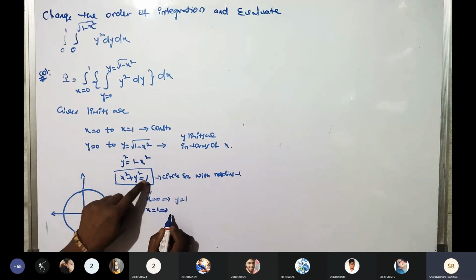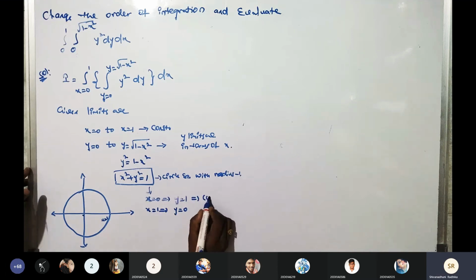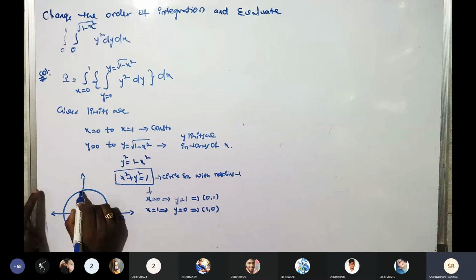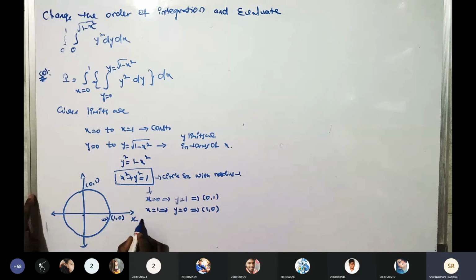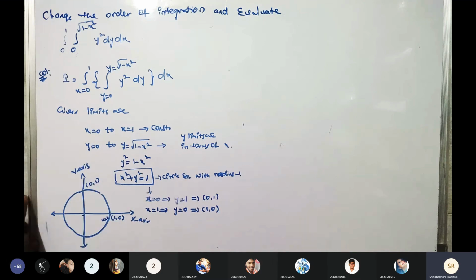Then what is y square? 0. Then y equals 0. Then what are the points here? 0, comma 1, and 1, comma 0. That means 1, comma 0 is located here, x equals 1, y equals 0, and 0, comma 1 is this point. This is the x-axis and this is the y-axis. Is it clear? Completed.